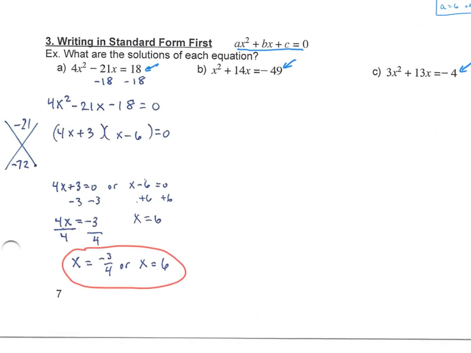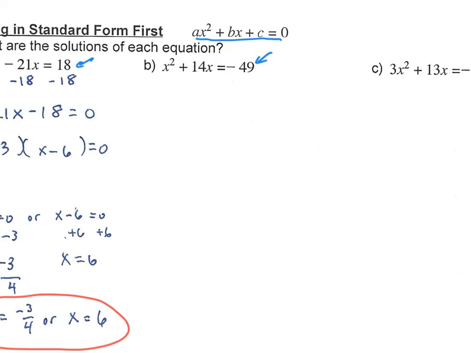Now, going on, here we go. x squared plus 14x equals negative 49, sorry. I'm going to add 49 to both sides, and I rewrite that in standard form. x squared plus 14x plus 49 equals 0.